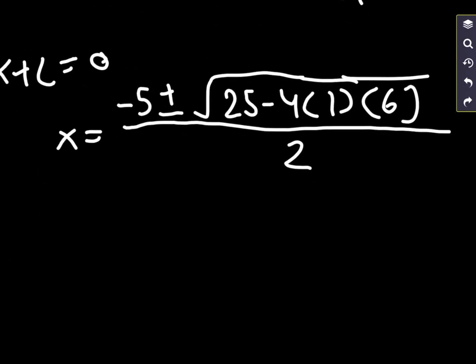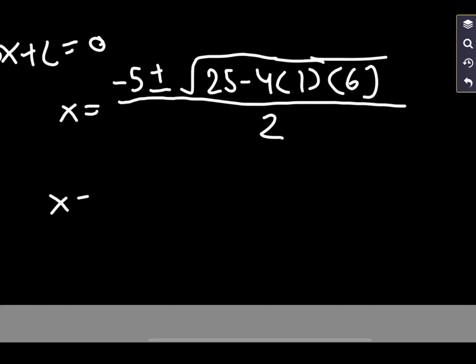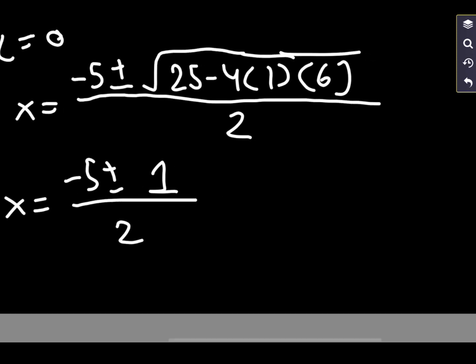When you simplify this, you're going to get x equals negative 5 plus or minus the square root of 25 minus 24, that's going to be 1. And the square root of 1 is just going to be 1, and it's going to be divided by 2. So now I would like to simplify this even more.